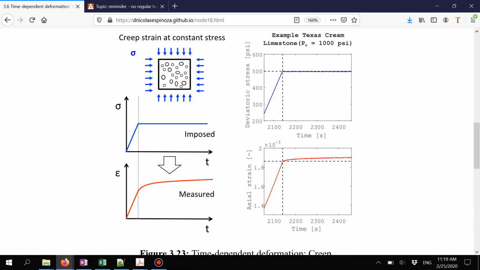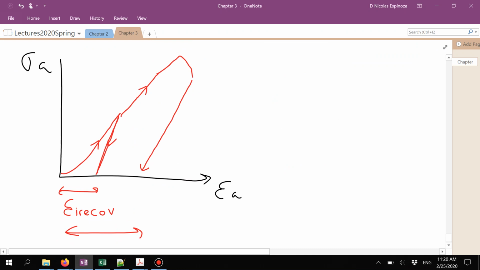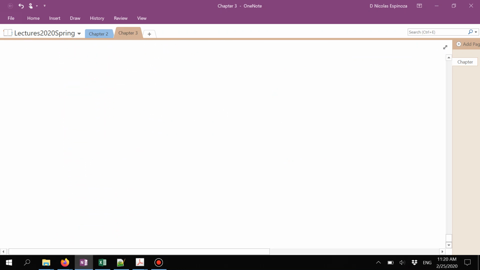And there are some rocks that tend to creep more than others. One example of creep is an example related to drilling. Let me go down over here. I'll make this schematic.